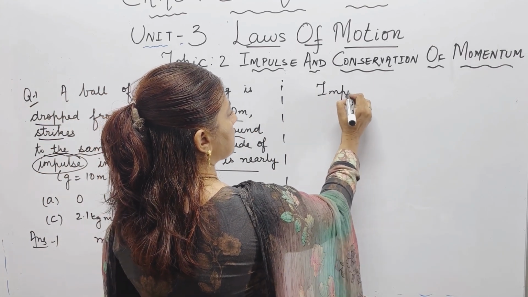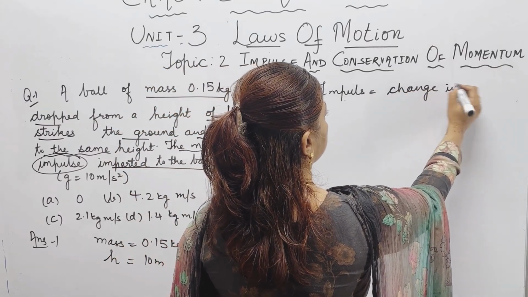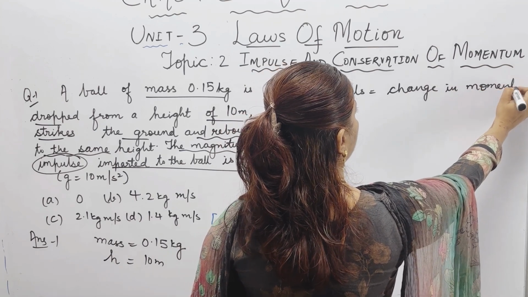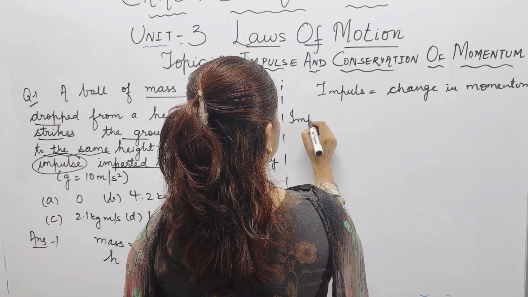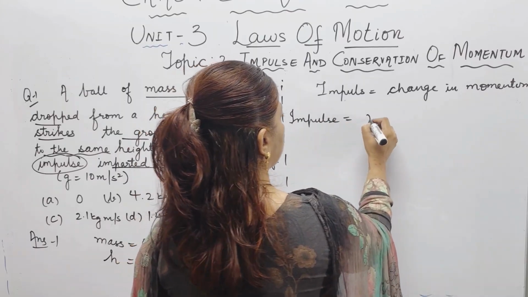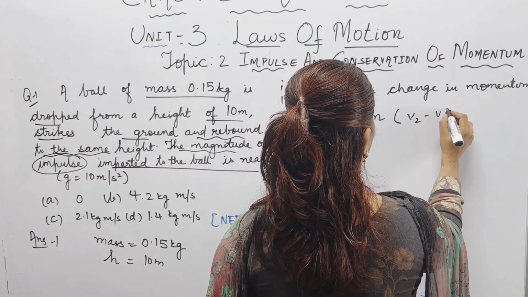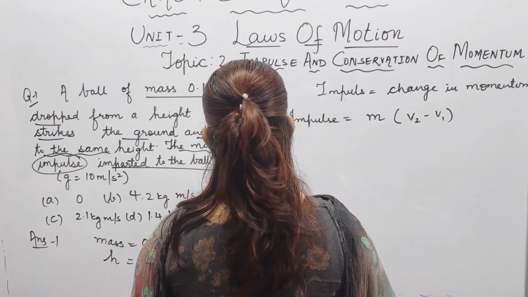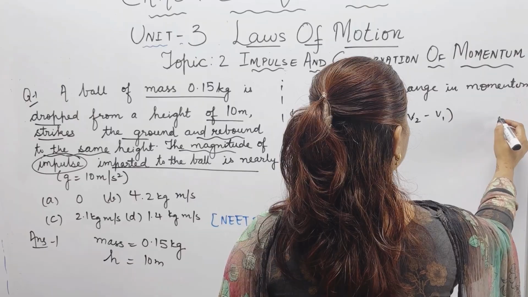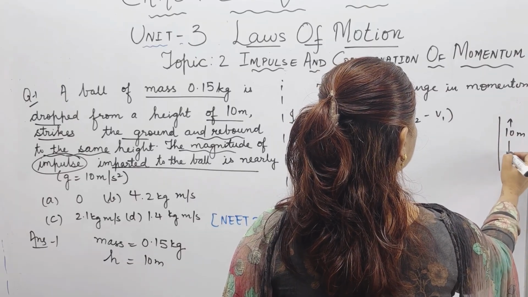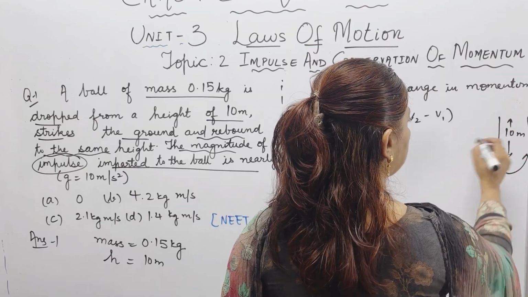So impulse is equal to change in momentum, m into v2 minus v1. Now the body is dropped from a height of 10 meter. From here it is dropped, and again it rebounds to the same height.